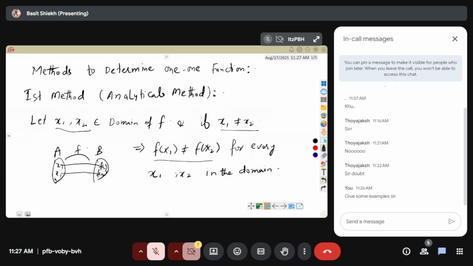If this holds for every two different elements in the domain, then we say f is a one-one function. If this doesn't hold, then we will say it's not one-one. It's many-one.